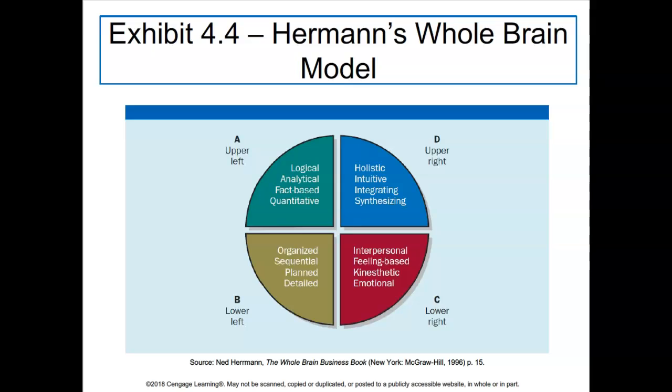Are you more of a logical, analytical thinker, or more of a holistic, intuitive? Are you organized and sequential, or more feeling-based and kinesthetic? This also goes back to a little bit of what we covered in the type focus. Where do you fall within this model? And how do you relate to people that are in the other pieces of the pie?